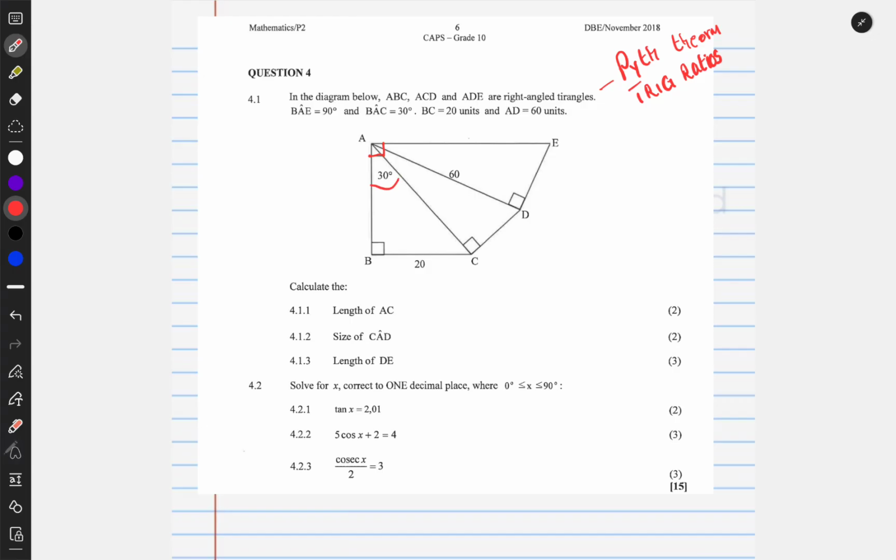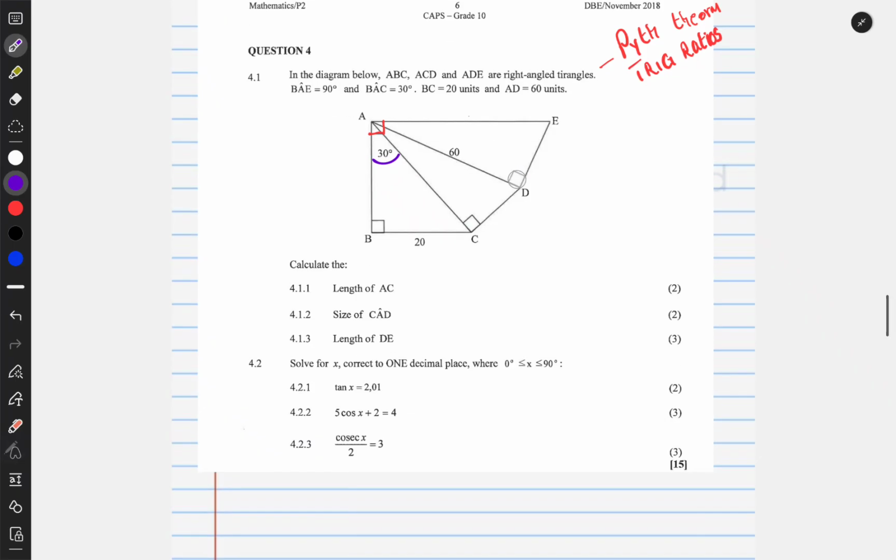BAC is 30 degrees, so this angle here is 30 degrees, and BC is 20 units, and AD is 60 units. From there we also know that angle B is 90 degrees, angle C here is 90 degrees, and angle D is 90 degrees.